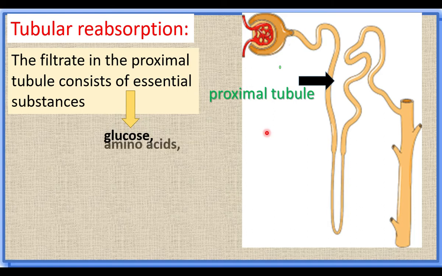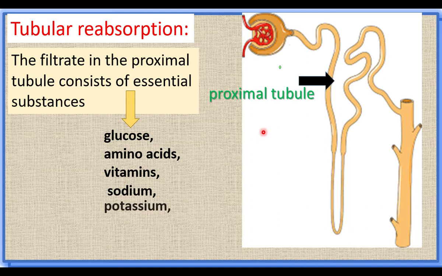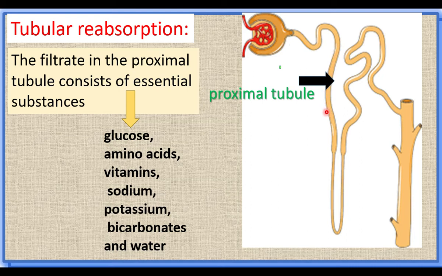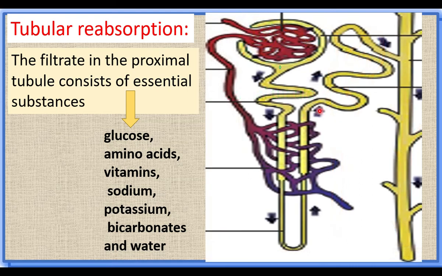Glucose is filtered, amino acids, vitamins, sodium, potassium, bicarbonates and water. These are needed by the body. Our body needs glucose to get energy. So at the time of filtration, they are also filtered and come to the tubular part. From the tubular part, they are taken back into the blood. That is called tubular reabsorption.